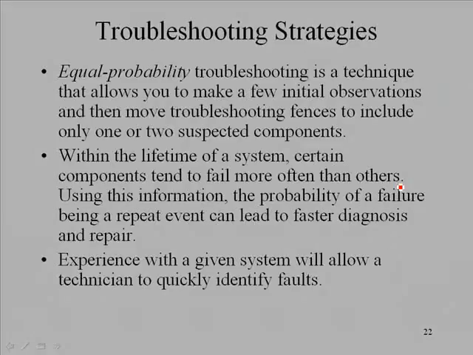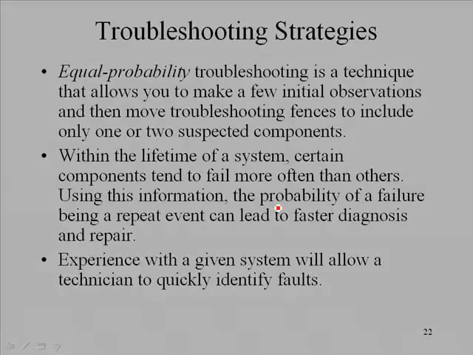Troubleshooting strategies. Equal probability troubleshooting is a technique that allows you to make a few initial observations and then move troubleshooting fences to include only one or two suspected components. Well, how do you do that? Within the lifetime of a system, certain components tend to fail more often than others, and that's what we had talked about on the previous slide.